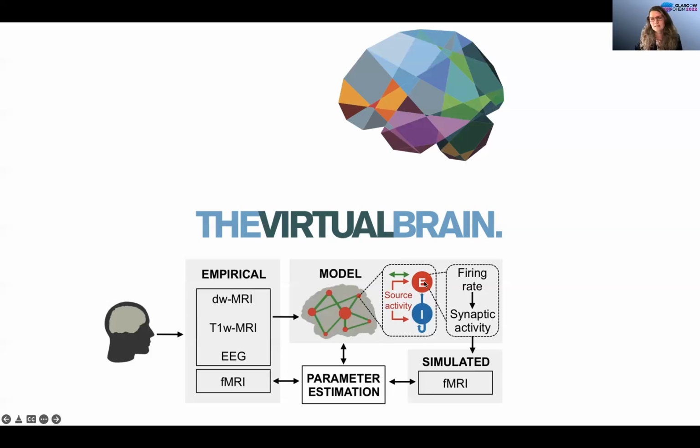And they're influencing each other, and all of this will be described in what we call a neural mass model. And out of this comes a firing rate, some synaptic activity that's then, for example, translated into bold signals. And then we can compare that again with, is it how it looks empirically? And people have done that for quite a long time now. The virtual brain was born in 2009, and then they came closer and closer to the reality. But still, it's of course a model, it's an abstraction of what really happens in the brain.